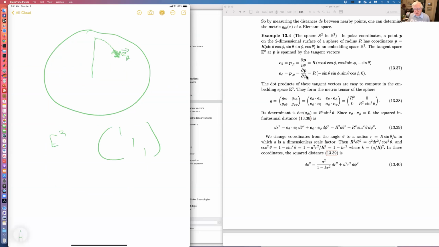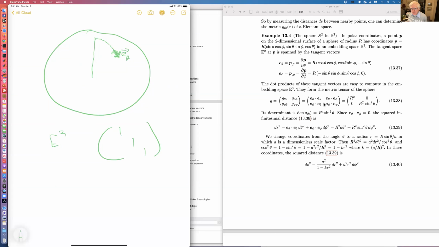If you do it with respect to phi, you get this 3-vector. You then take the dot product of those with each other, and you get a metric, which is a matrix G. I used to write that as G sub ik, but I think I'm just going to use a notation in which G means this metric with all the indices down, and G inverse is the one with the indices up.